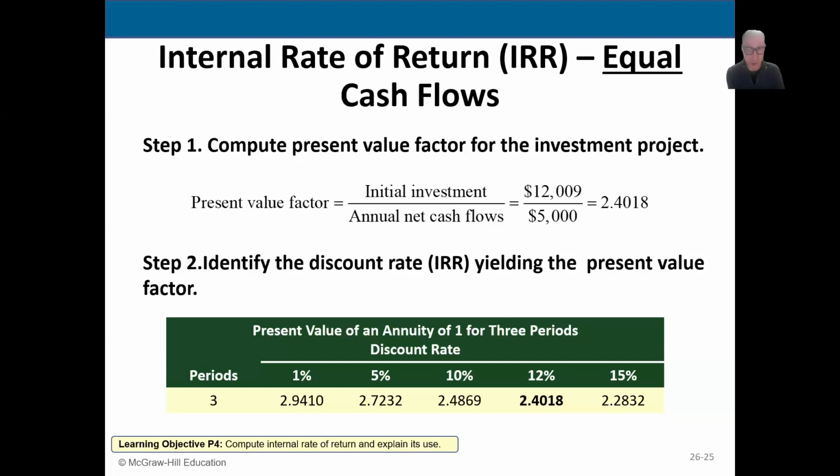In this example, 12%. It's a matter of taking whatever the present value factor is, looking at the chart, finding the number of years for the project, in our example, 3 years, going over, and you find the number, the present value factor, you found the percentage.